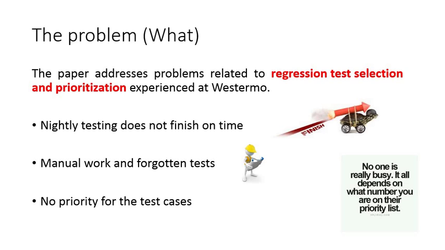Since they nowadays don't need to remove test cases manually, they also don't forget about adding them back again, because they don't remove them from the suite. It's taken care of by the tool. And the priority of the test cases has been solved by assigning multiple priorities to the test case.